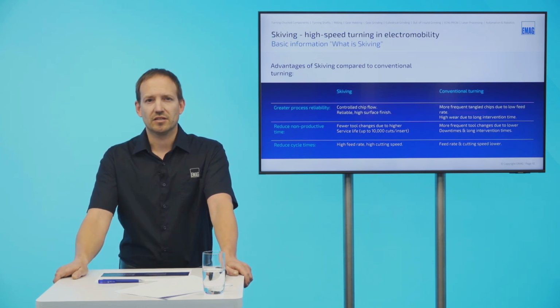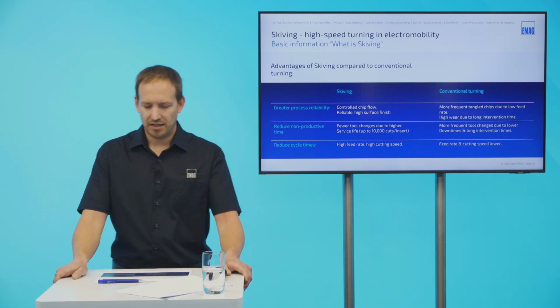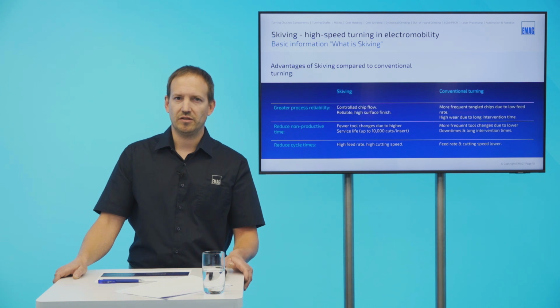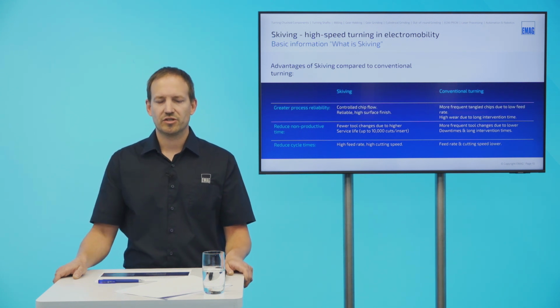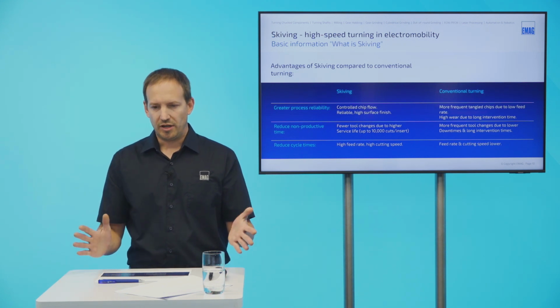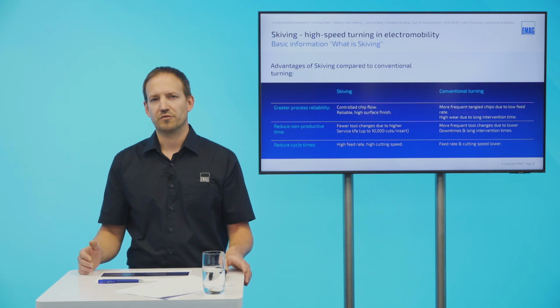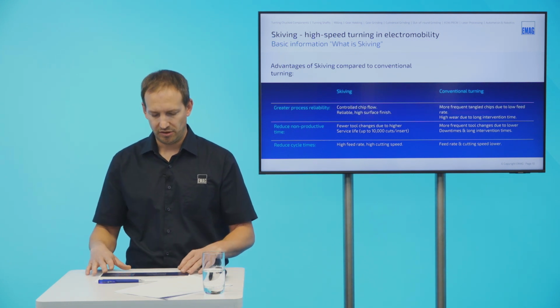If we look at the soft machining or soft skiving process, then you always have continuous chips. But the continuous chips are no problem here because we can control the flow of the chips so that they don't touch the workpiece or the insert after the machining.